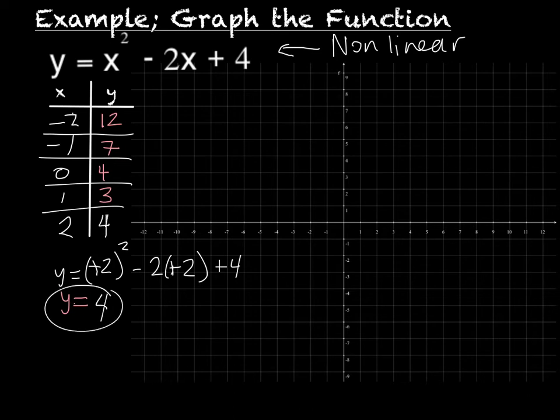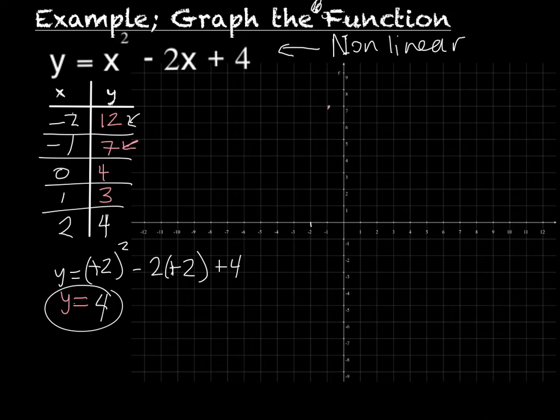So now when I graph these points individually, my first point is -2, 12, so -2 on the x, and then all the way up to 12, which is 9, 10, 11, 12. It's way up here. So that's the first point. The second point is -1, positive 7.